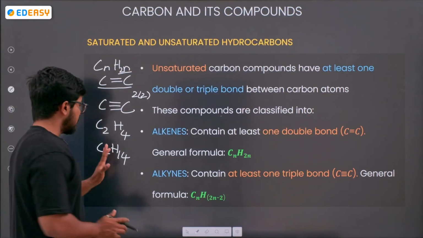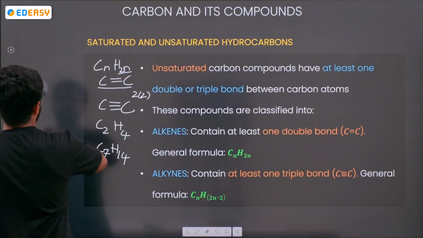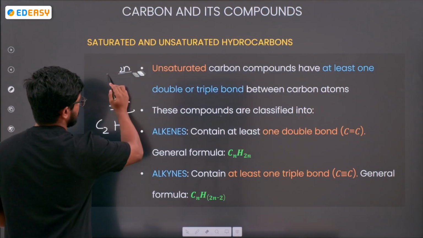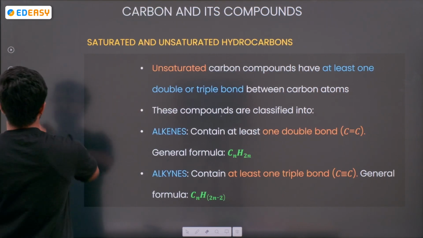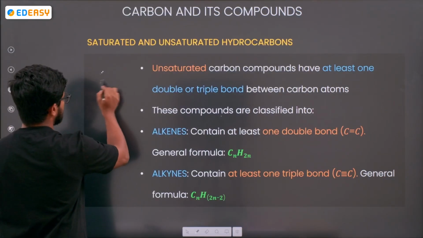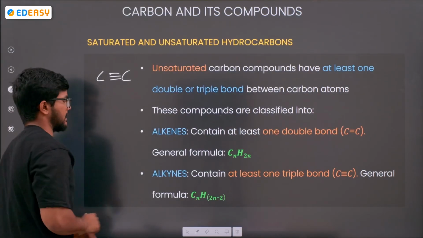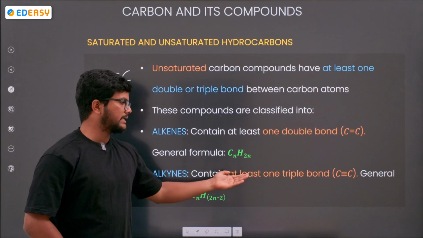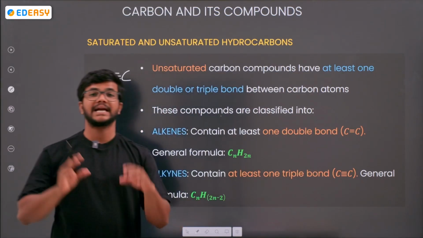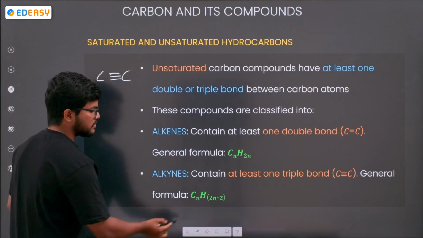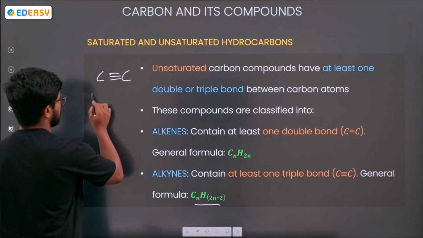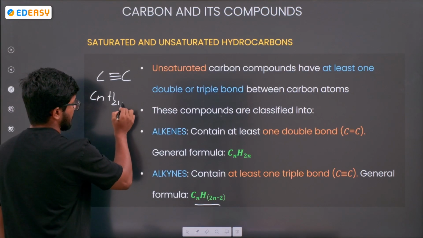That is for the alkenes, whereas for the alkynes, what will they be? Alkynes are nothing but triple bonded carbons. A carbon-carbon triple bond is called an alkyne, and it should contain at least one triple bond between carbon and carbon, not between carbon and another atom. And the general formula is CnH2n minus 2.